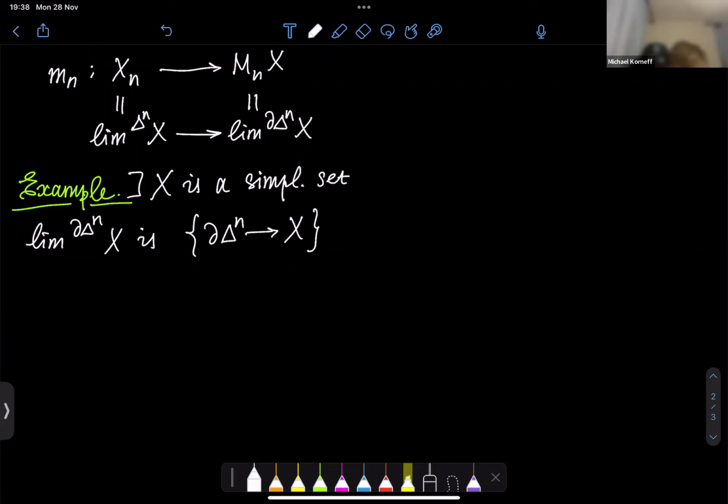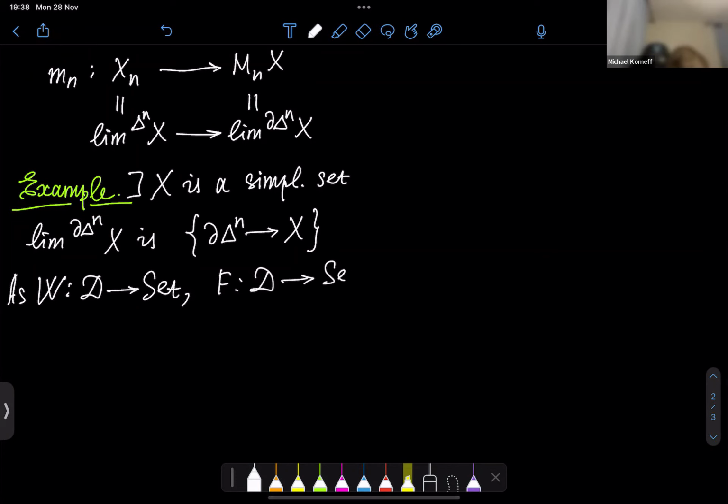This is because if you have a set valued weight and a functor F also set valued, then the weighted limit of F with a weight W is the same as the set of natural transformations between the weight and your functor.